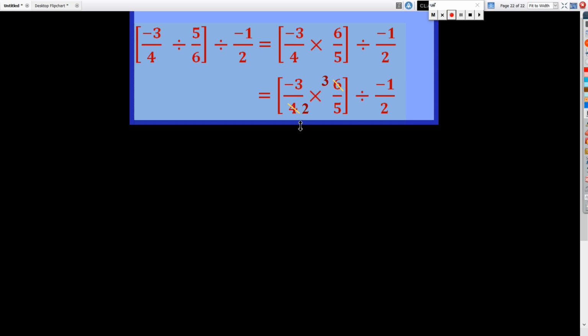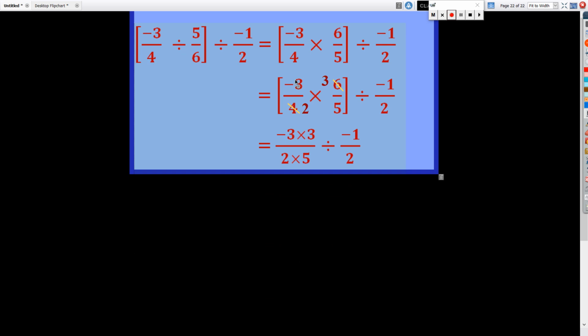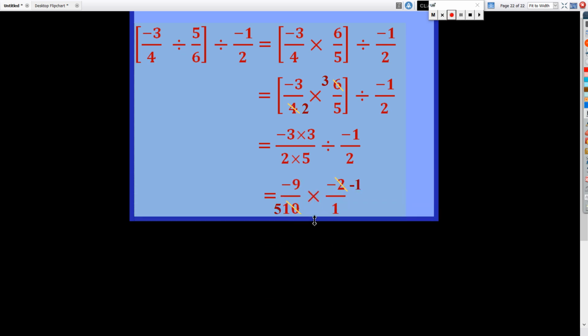So here in the bracket you will get negative 3 into 3 by 2 into 5, divided by negative 1 by 2. Negative 3 into 3, you can write it as negative 9 by 10, and divided by negative 1 by 2, you can write it as into negative 2 by 1. Now 2 and 10 you can divide by 2 each.